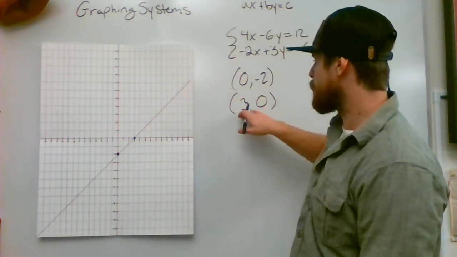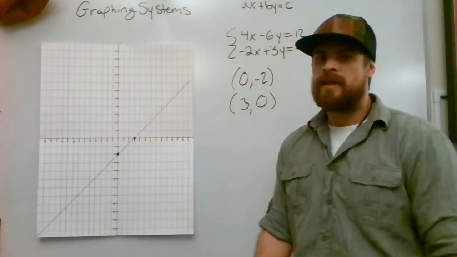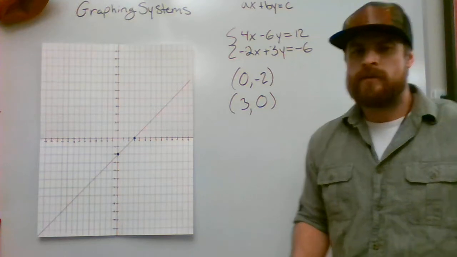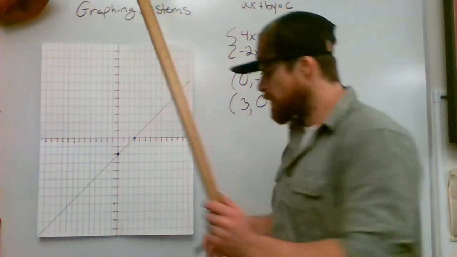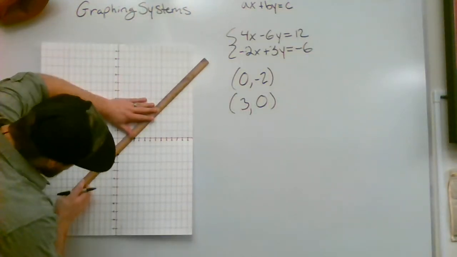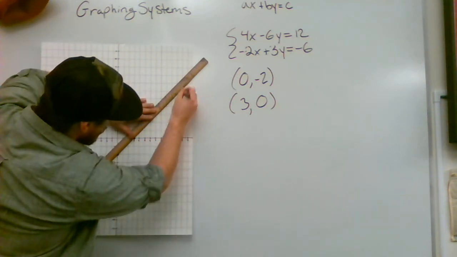We have 3, 0 already plotted, meaning we would create the exact same line. So if you look back on my previous video, what we are actually dealing with here is 2 lines that are right on top of one another.